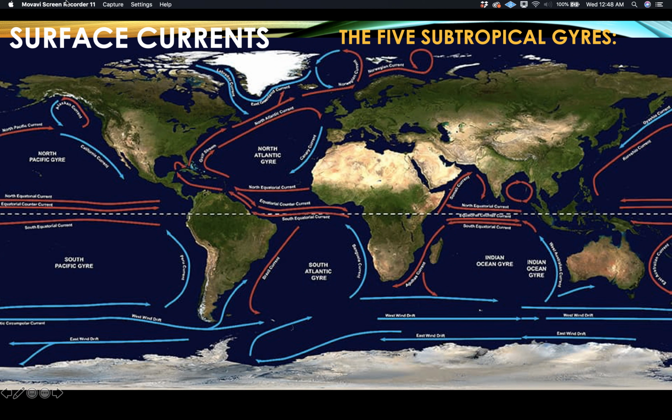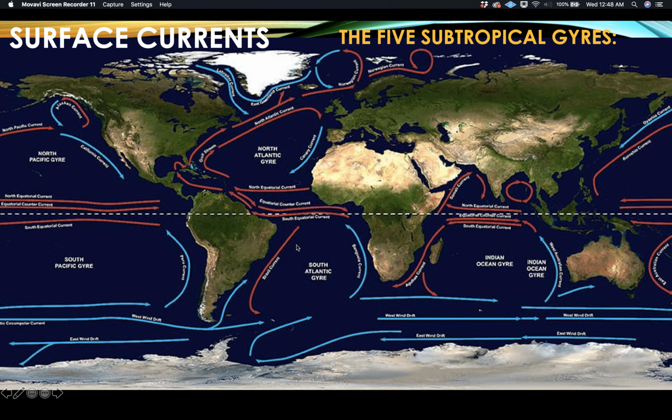Now here is a map of the gyres in a little more detail. So you can see we have the North Atlantic gyre here, rotating currents to the right or clockwise. And we have the North Pacific gyre here, rotating currents to the right. And then in the southern hemisphere, we have the South Pacific gyre rotating the opposite way to the left and counterclockwise.